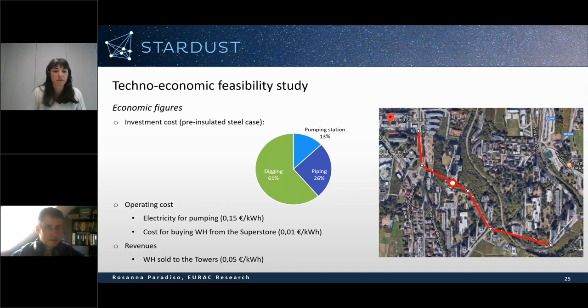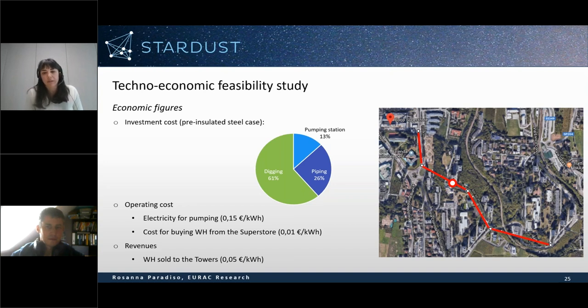So this is the cost that the owner of this system is paying to the COP Superstore in order to convince them to give the waste heat to the district heating. It has been set at 1 euro cent per kilowatt hour.